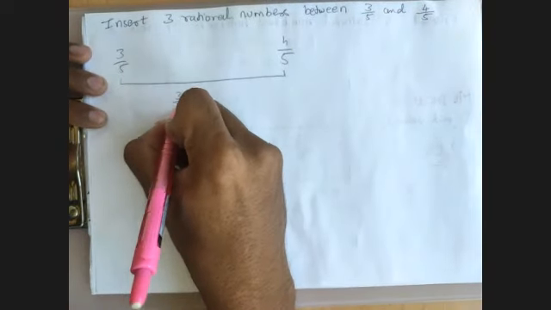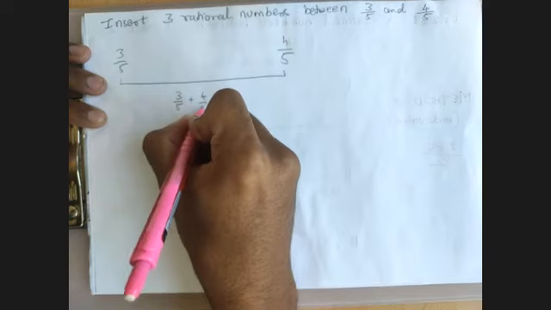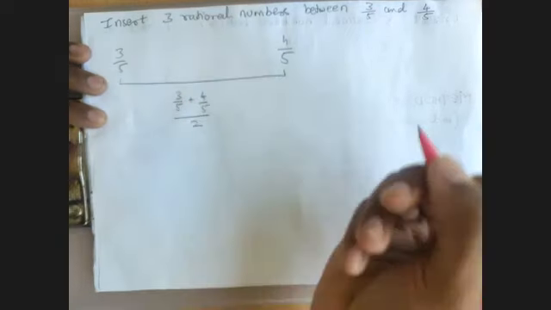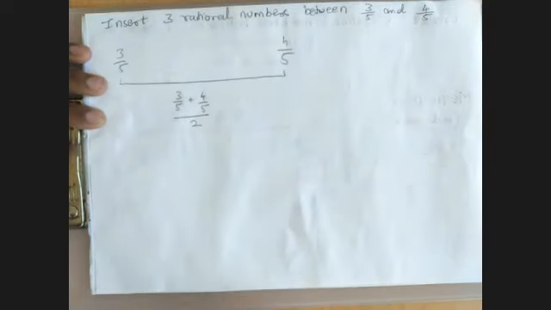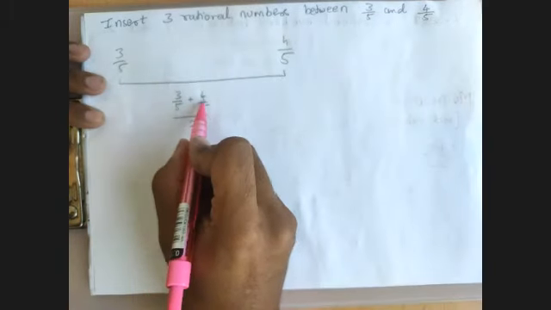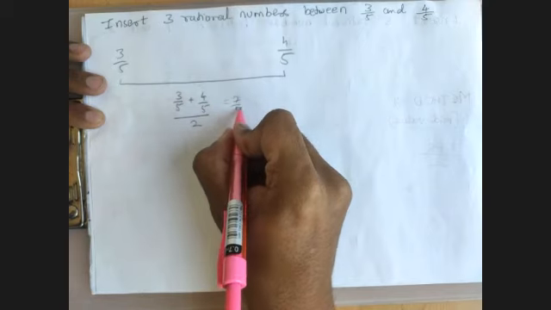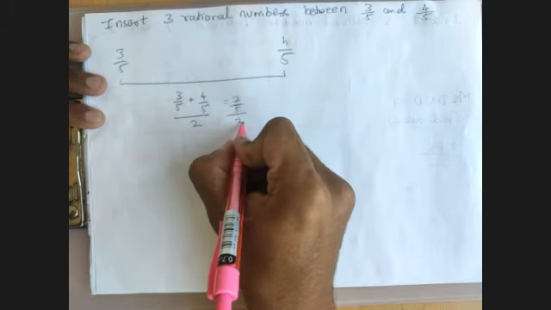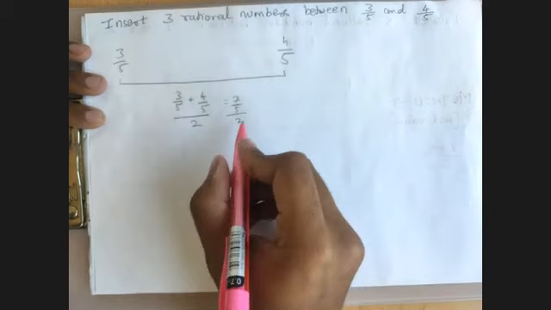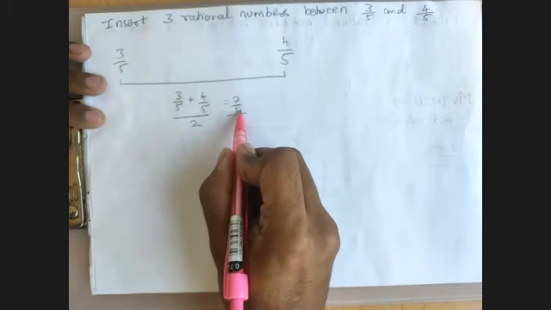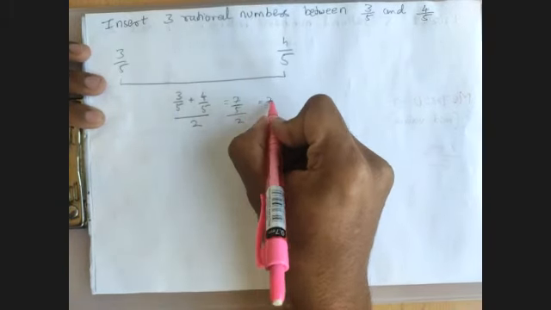So that is 3 by 5 plus 4 by 5, by 2. So what would this be? If I add them, it is 7 by 5, by 2. So this would go here and get multiplied. So this would be equal to 7 by 10.